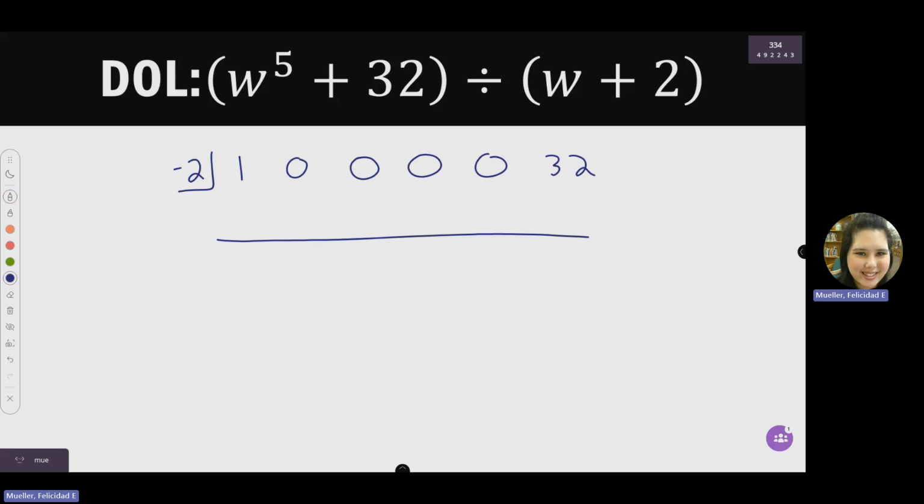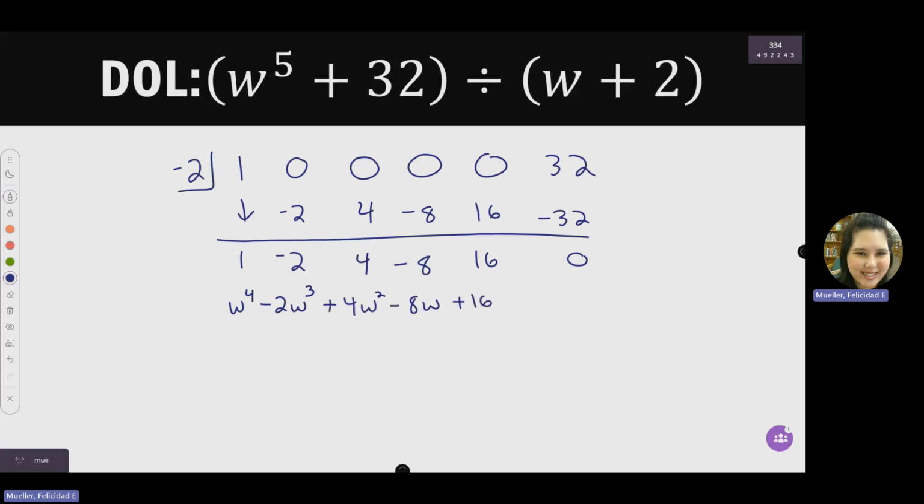We bring down the 1. 1 times -2 is -2, which gets us 4, which gets us -8, which gets us 16, which gets us -32, which gets us a remainder of 0. So this would be w to the 4th minus 2w cubed plus 4w squared minus 8w plus 16 as my answer.